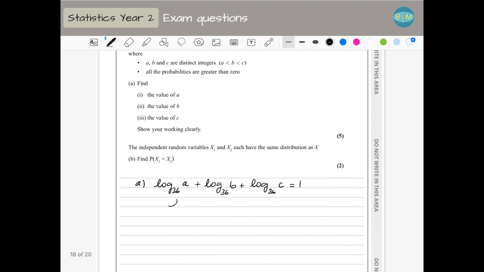If we use the properties of logs, since they have the same base, remember the sum of the logs is the log of the product. And then if we have the log to the base 36 of abc equals 1, that means that abc is going to be 36.